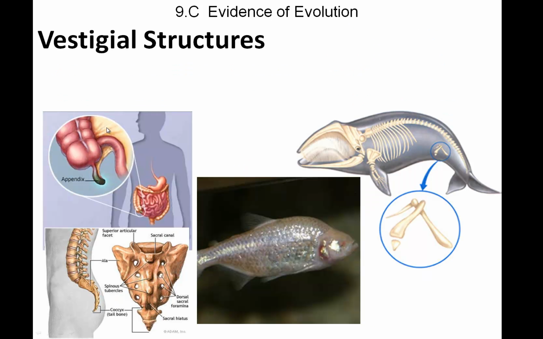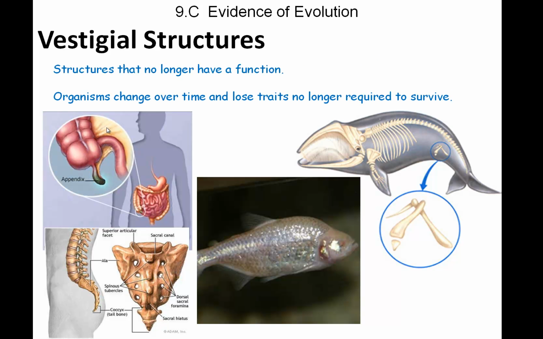We also have vestigial structures. Vestigial structures are structures that no longer have a purpose, but they're still inside of organisms. A human example is the appendix you see right here. The appendix is something you have inside your body, and what it does we're not exactly sure, because it doesn't do anything.